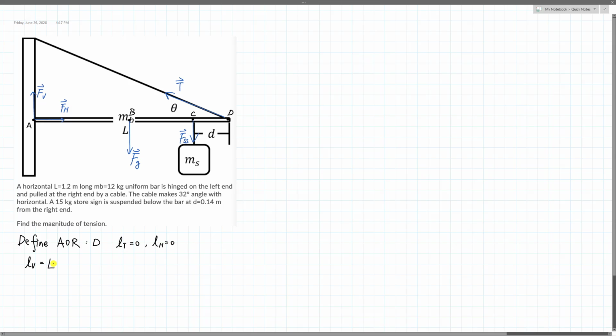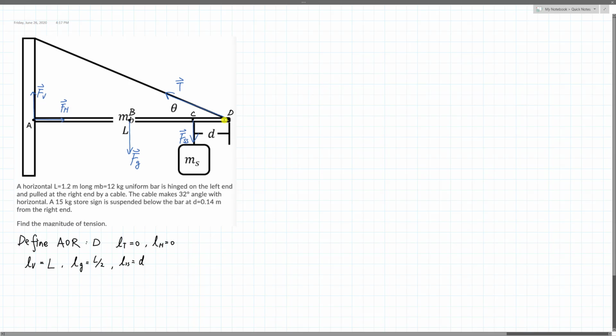The lever arm from the bar's gravity should be halfway across. So the lever arm of gravity is L over 2. Then the lever arm of the store sign is just that distance d over here.